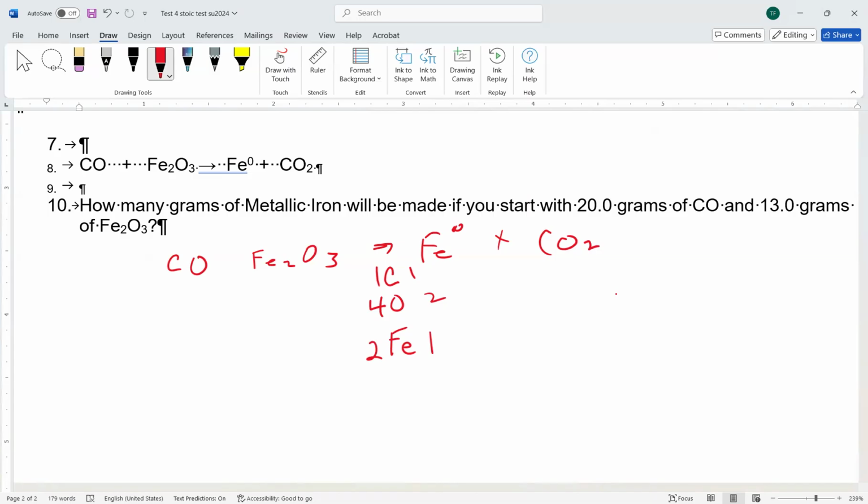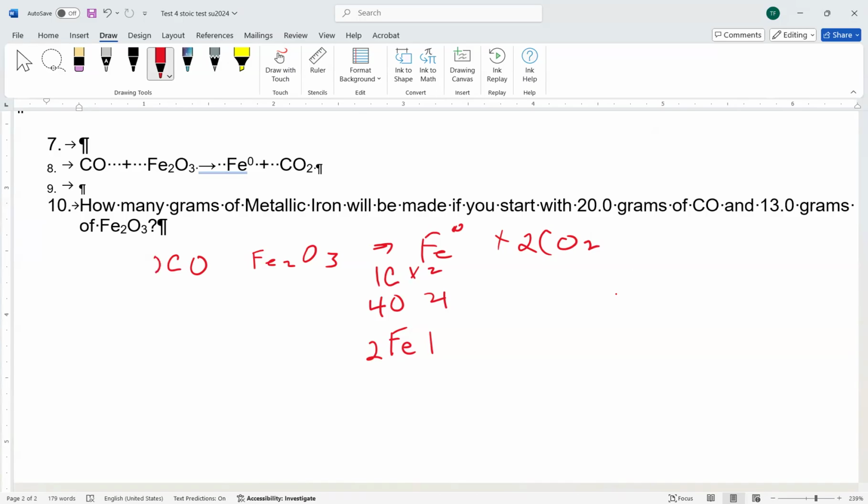Okay, if we put a 2 here, that's going to change this to a 4. That becomes a 2. Now we have a problem with carbons.